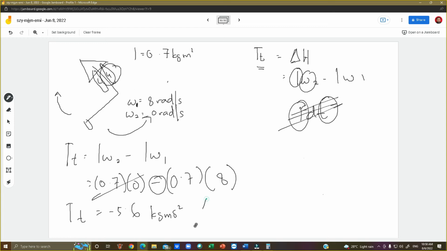Okay, my second question. How much angular momentum does this leg have while it is swinging? This is a tricky question. You don't need to calculate anything here.